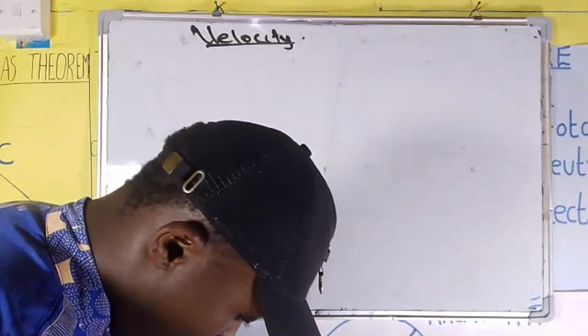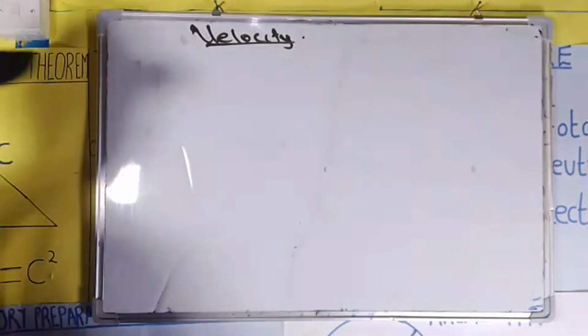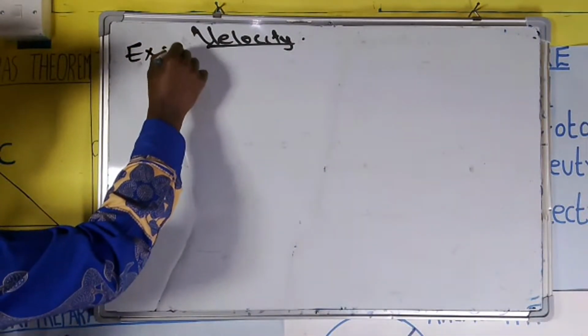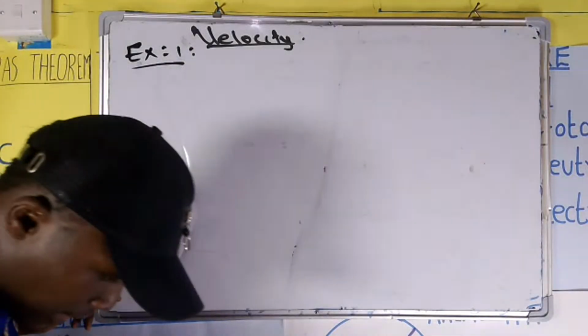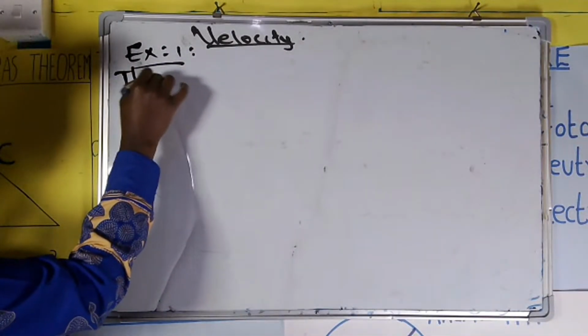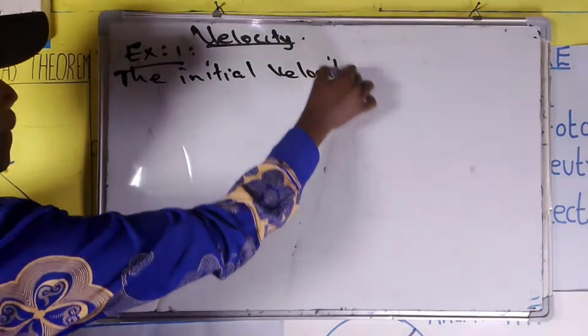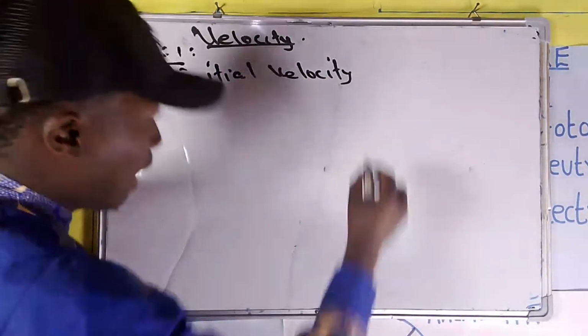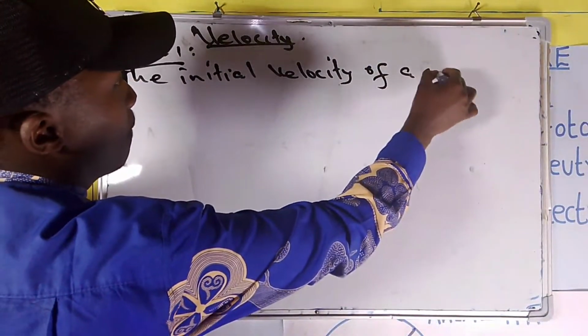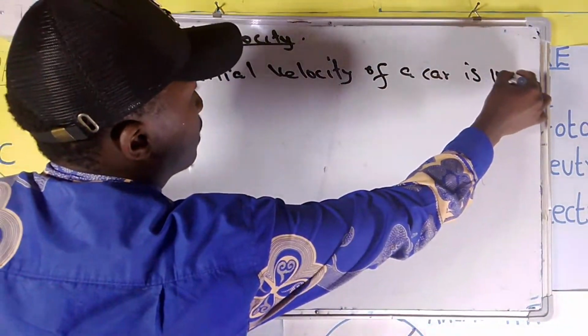The question that we are going to be doing is example 1. The initial velocity of a car is 10 meters per second.